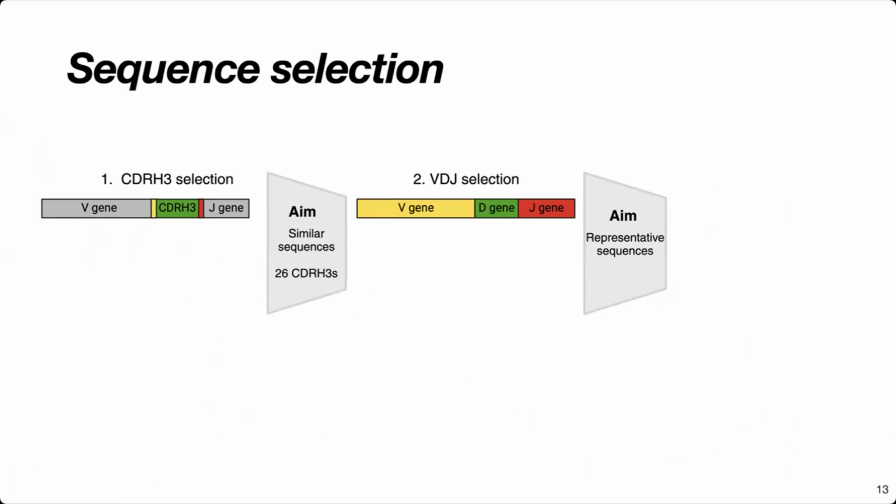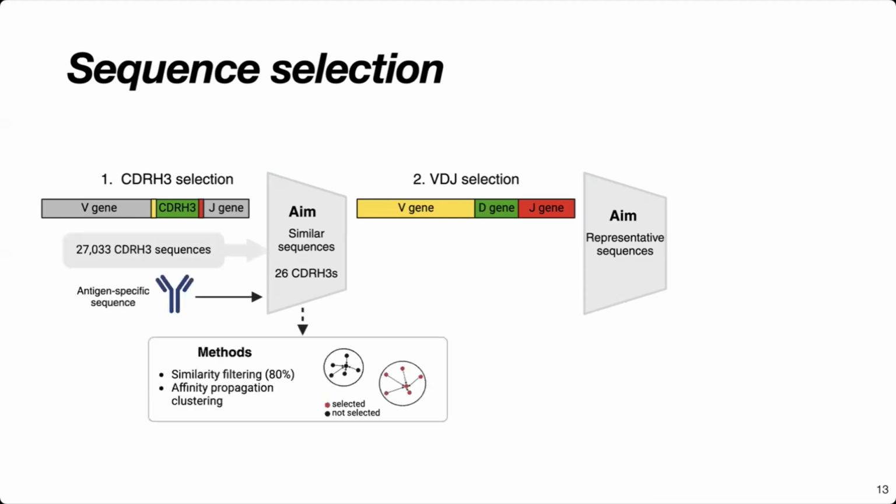So we split the sequence selection workflow in two, with two objectives in mind, based on two regions of the antibody VDJ sequence. First, we wanted to select sequences that are antigen specific. To this end, we first filtered sequences similar to the initial antigen-specific variant based on 80% similarity.